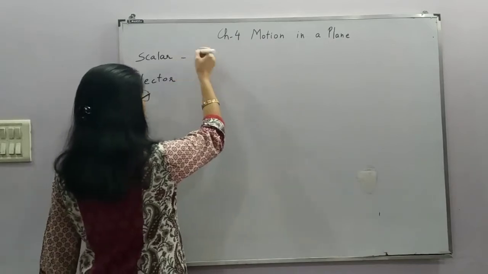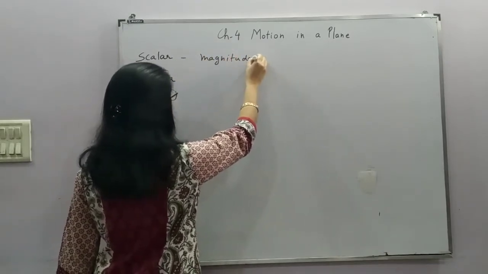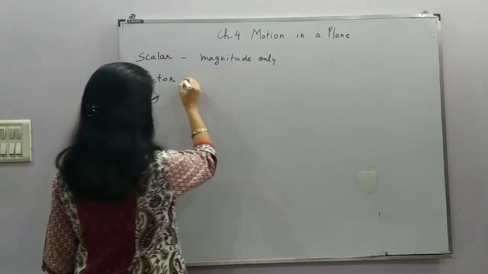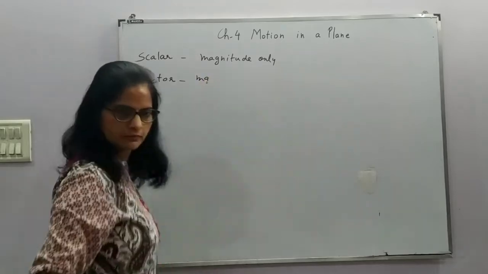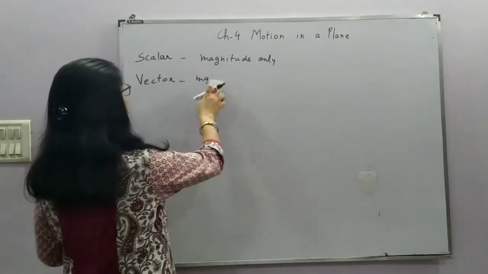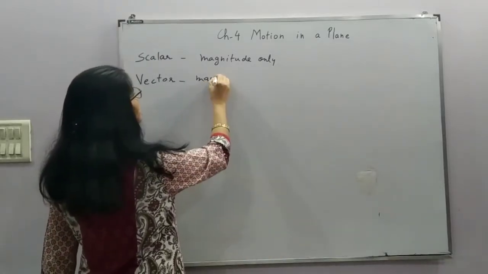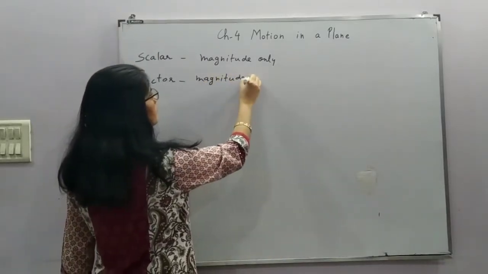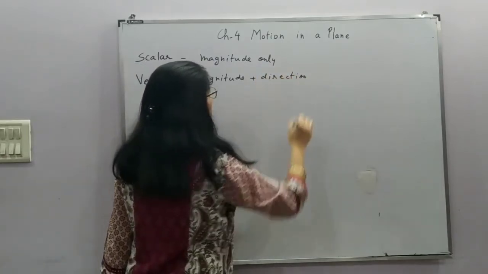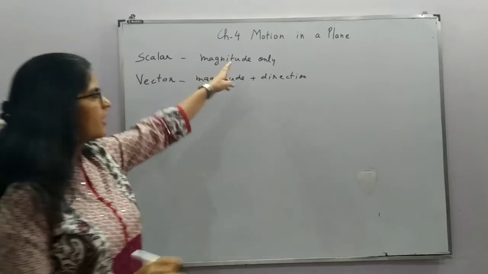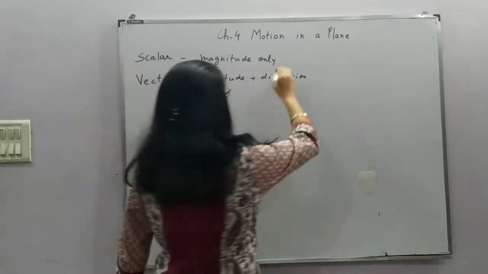Scalars, we have magnitude only. Here we have magnitude plus direction. Right? Now here we can add the scalar quantities by simple algebraic addition.